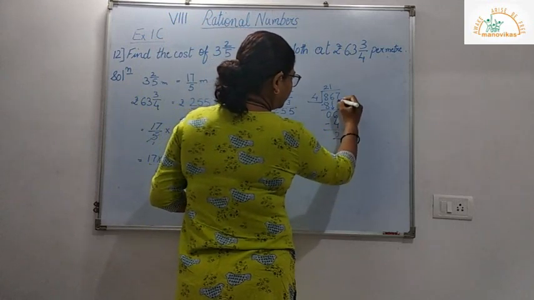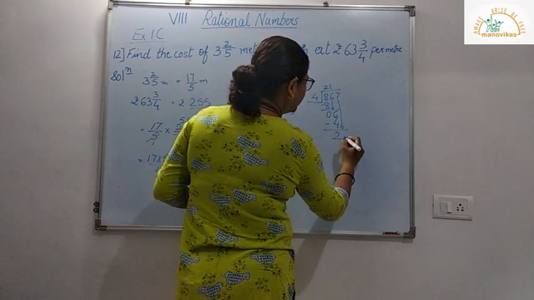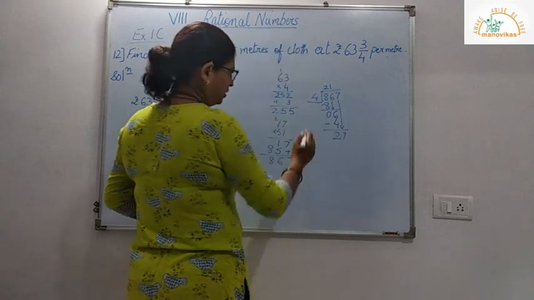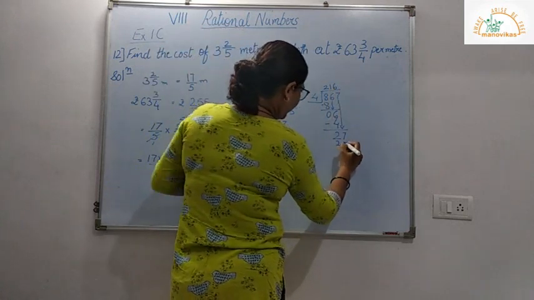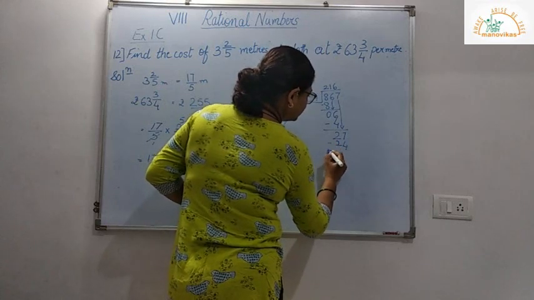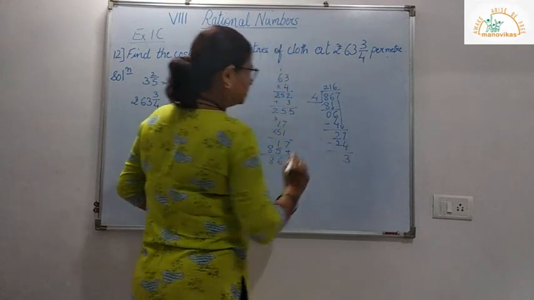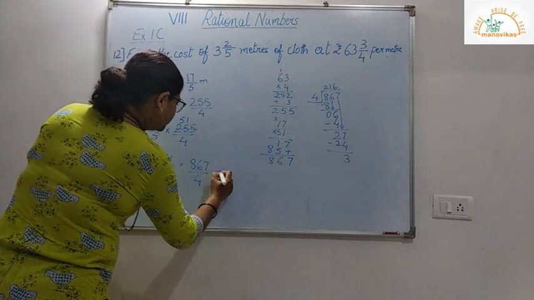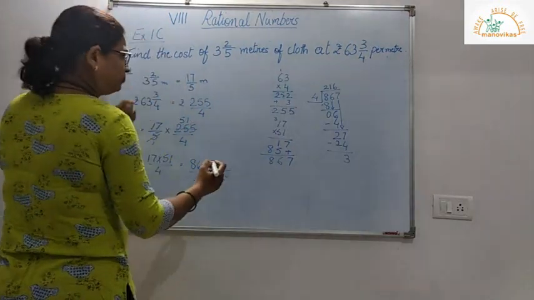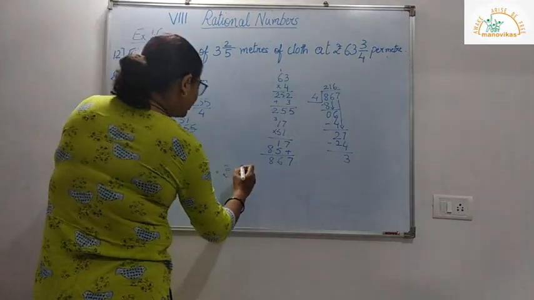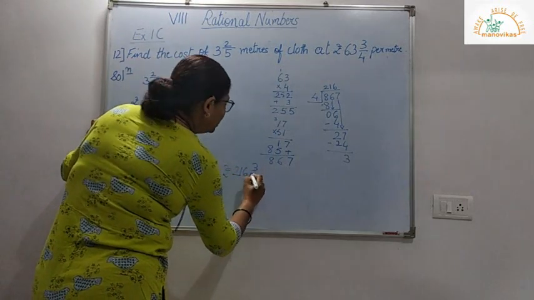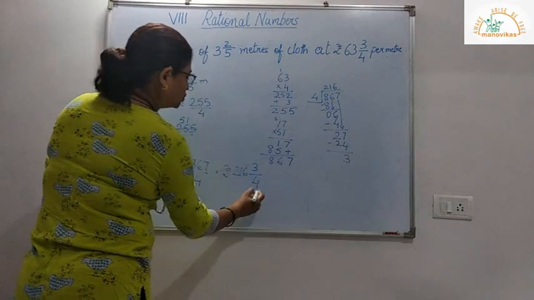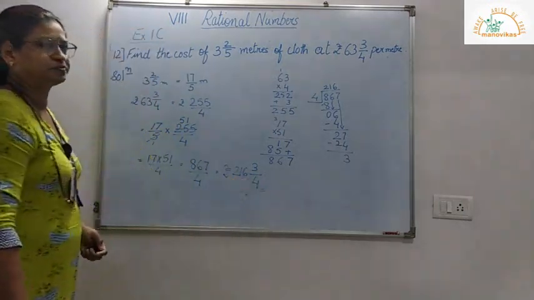I get the next number down, so it comes to 27. 4 6s is 24. So my remainder here is 3. So I get it as rupees 216 3 divided by 4. So this is my final answer.